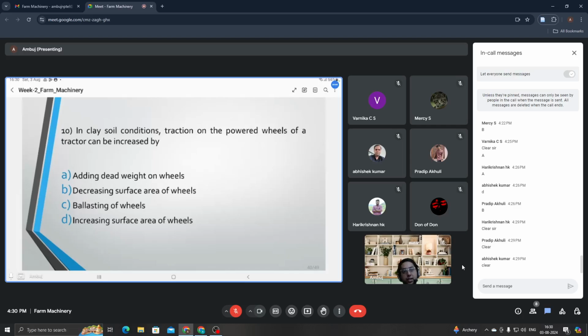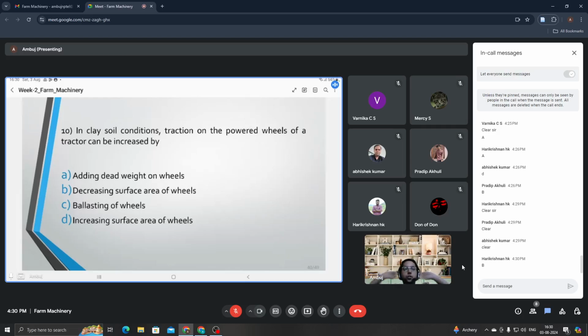Three soil conditions are there: sandy, clay, and loam. Sandy and silty are somewhat the same. What is your opinion? How can traction be increased?